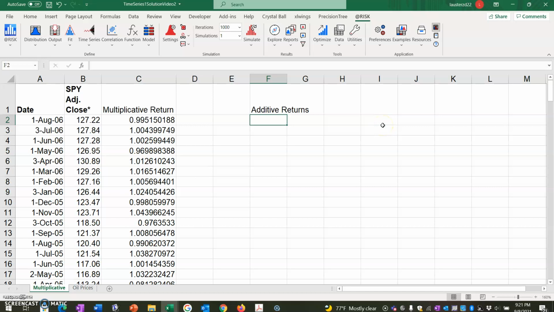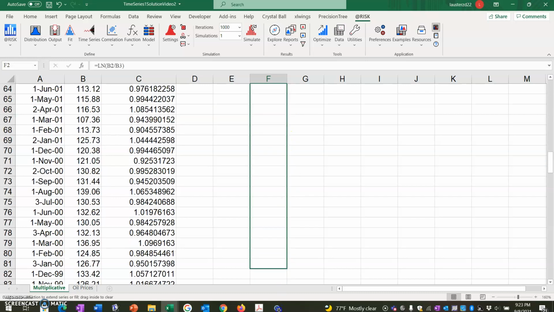The geometric Brownian motion model will be based on the additive returns, and the additive returns are the natural log of the ratio of the current price to the previous price. So we'll copy this additive return down for the remainder of the asset prices.